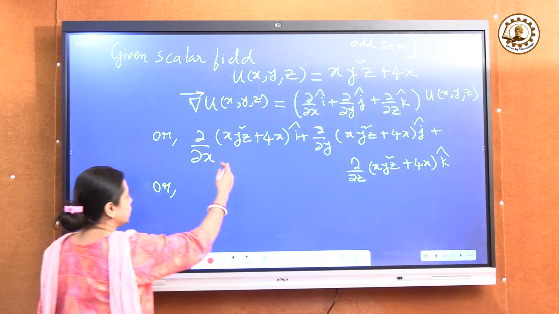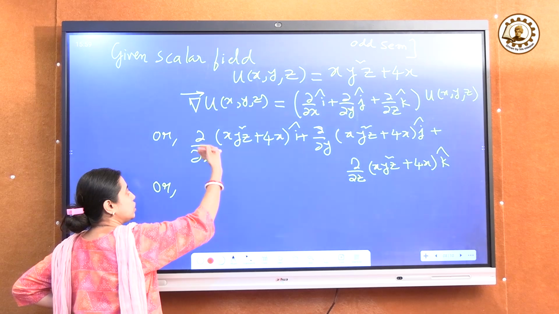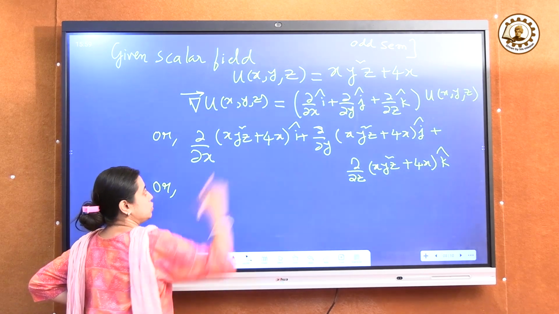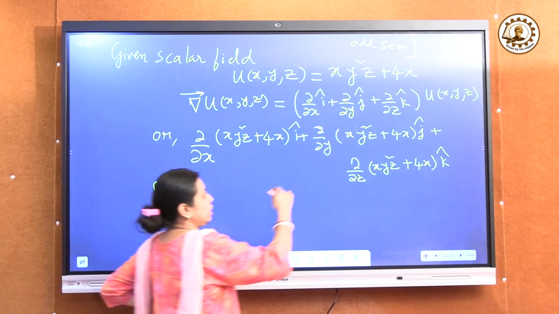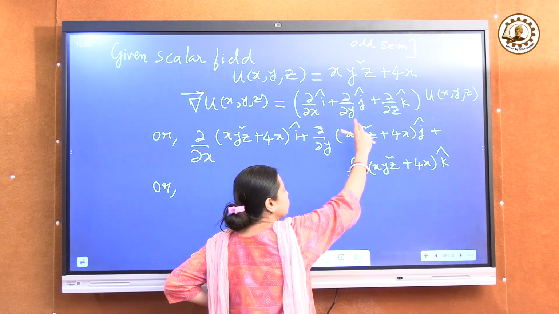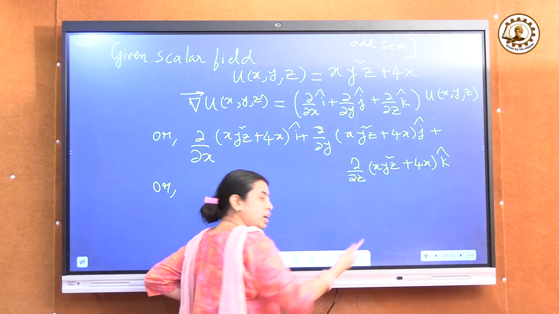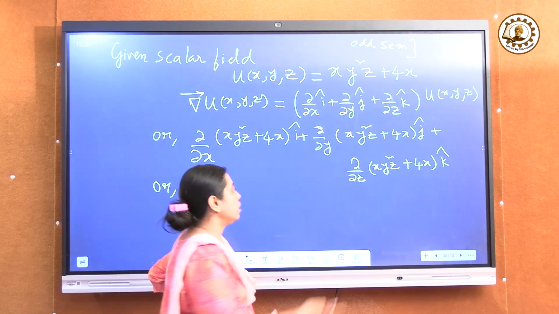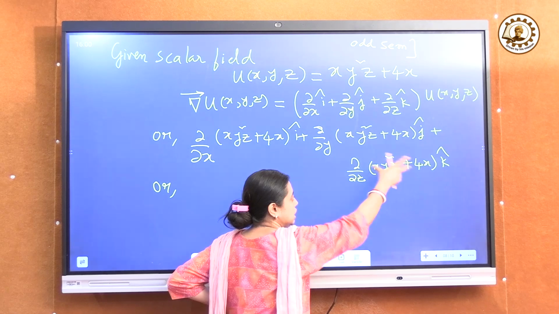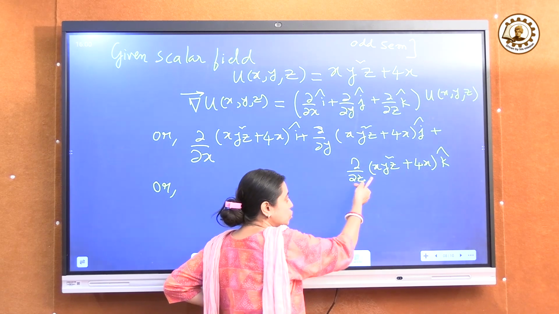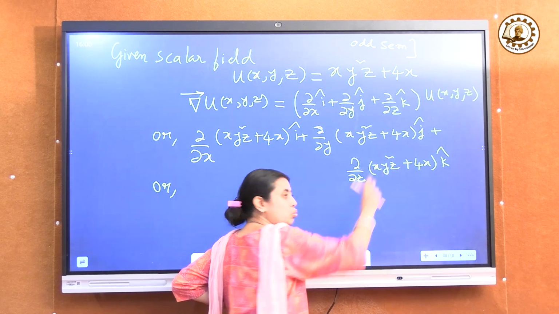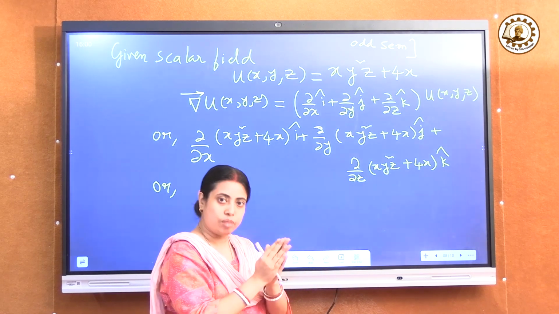Similarly, if I am taking the derivative with respect to y, only the term with y will be differentiated. And if I am taking the derivative with respect to z, then only the terms with z will be differentiated.